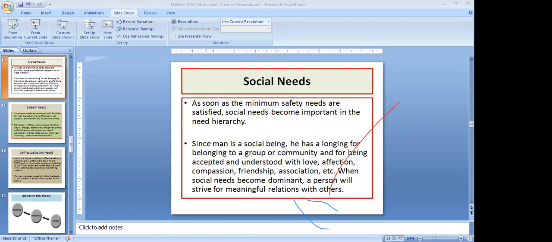So you see some organizations where management frowns at informal groups. Sometimes they think that such groups are formed to plan against management policies.